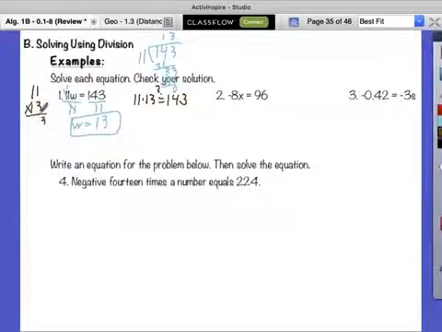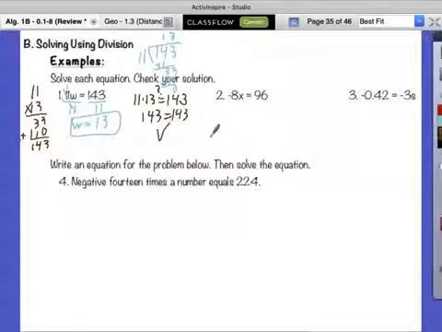Add a 0 for our placeholder. What's 1 times 1? Add them together. 3 plus 0 is 3. 3 plus 1 is 4. And 1 is 1. 143. So does 143 equal 143? Yep. And it checks out nice and easy there, okay?